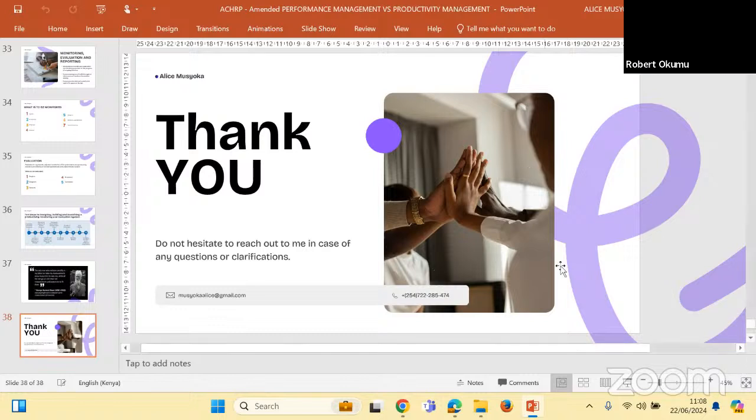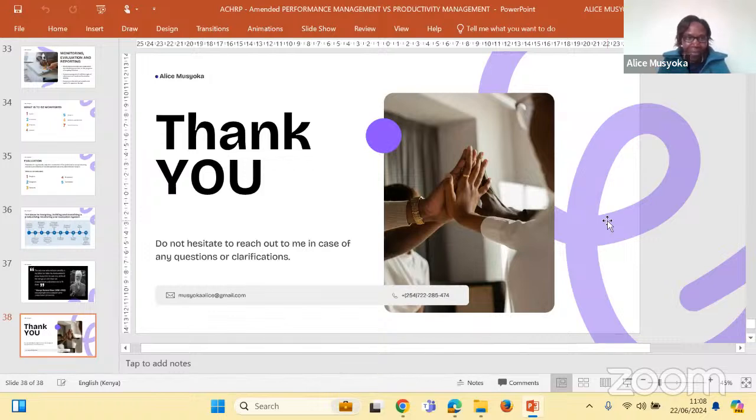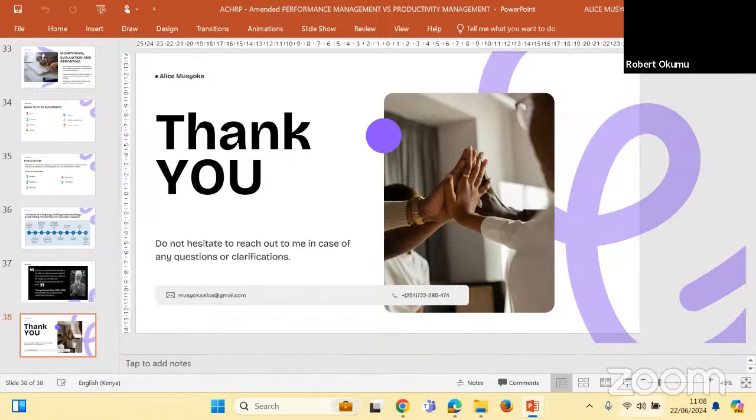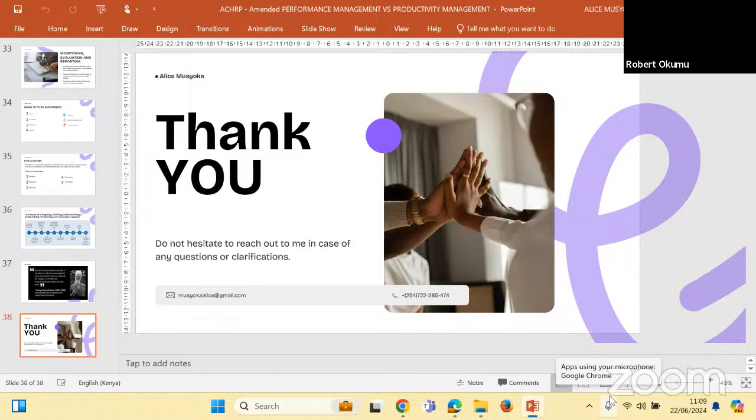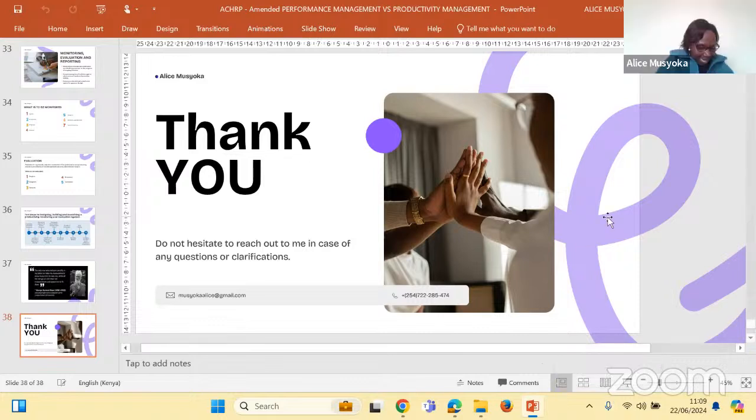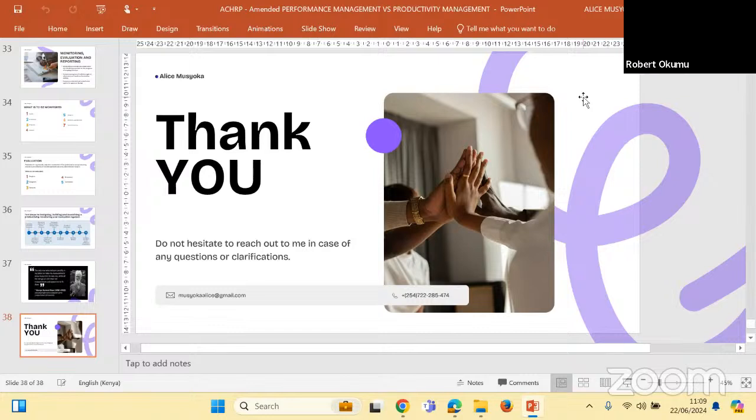Maybe a question. Yes. I'm looking at a scenario, maybe to do with the rewards and the sanctions. Now you have a scenario where an employee seems to be the best performing every year, and of course the output and the statistics show that the employee is performing.